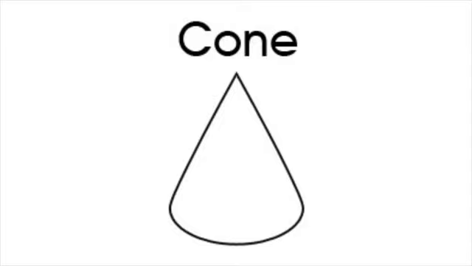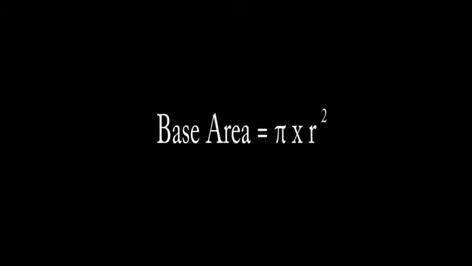Cone. It has a circle at one end and a point at the other end, and a curved side. It is not a polyhedron as it has a curved surface. The pointy end of a cone is called the apex, and the flat part is the base. To find the surface area and volume of a cone, the surface area has two parts. The formula for base area is equal to pi times r squared.